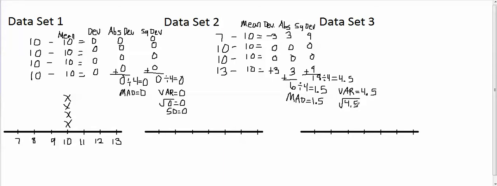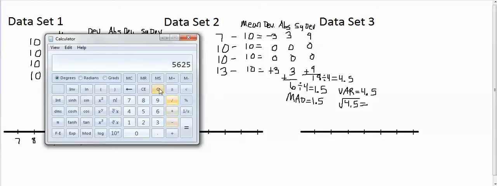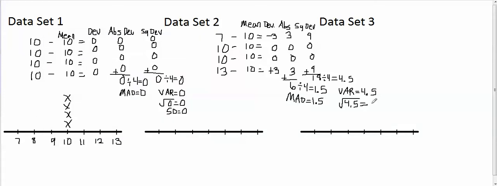Square root of 4.5 is 2.12 rounded. This is SD for standard deviation. So MAD, variance, standard deviation, data set 2.